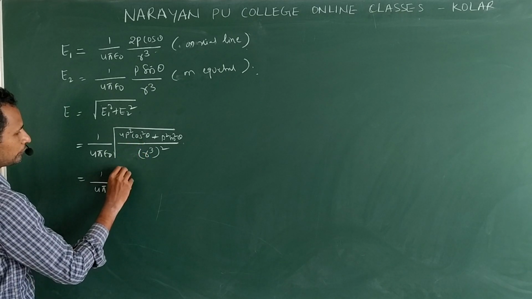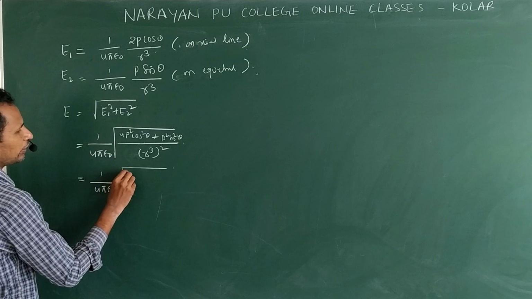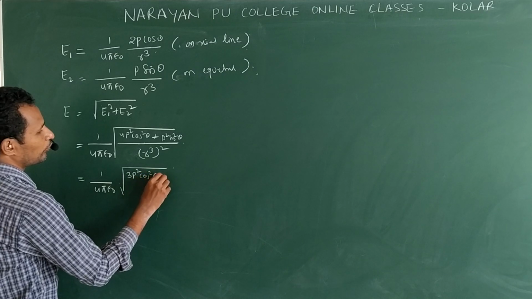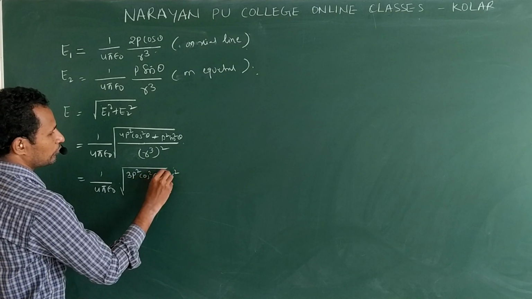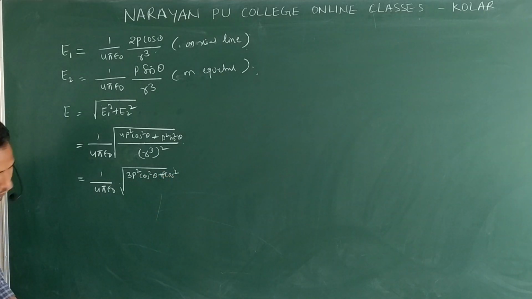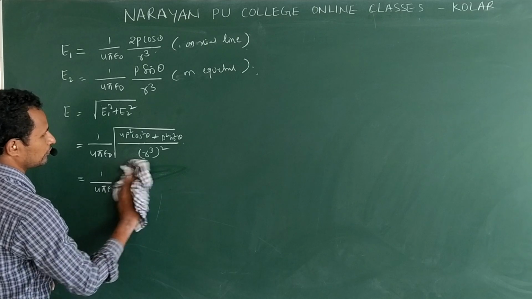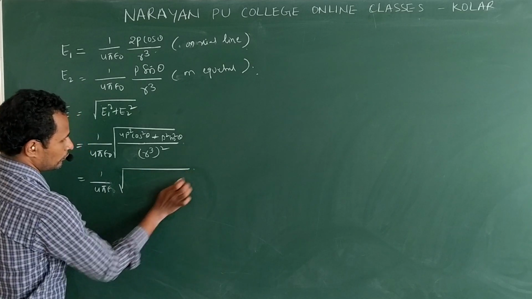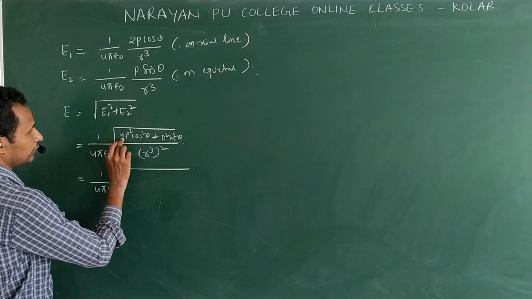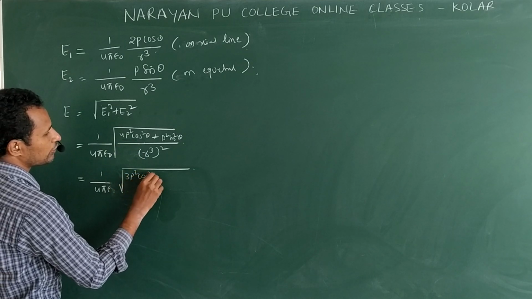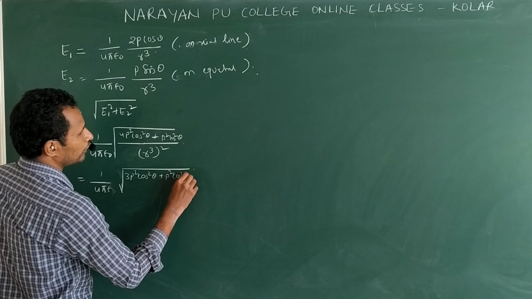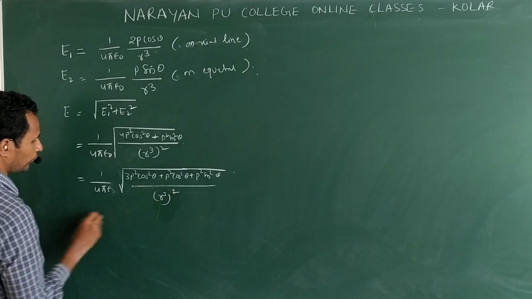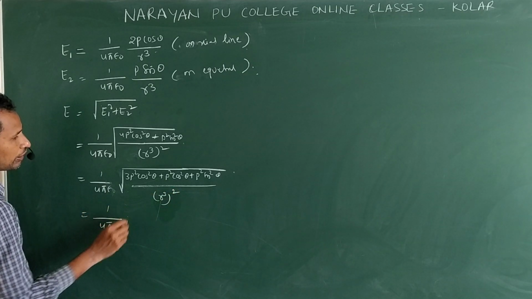Now this we can write as 3p square cos square theta plus p square cos square theta plus p square sin square theta by r cube whole square, 1 by 4 pi epsilon naught.